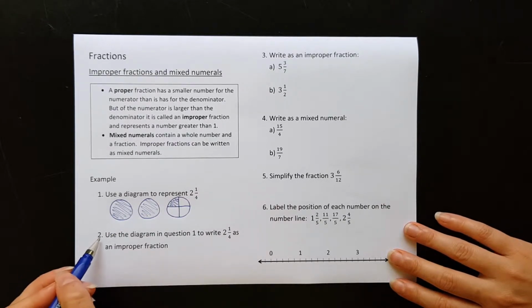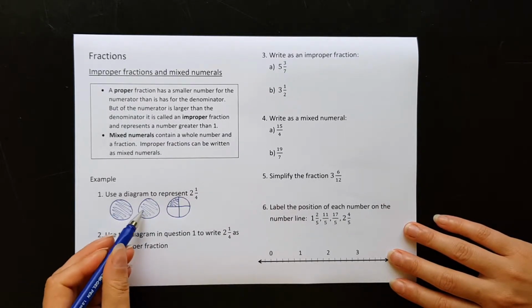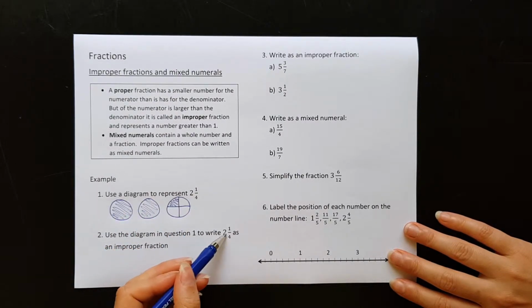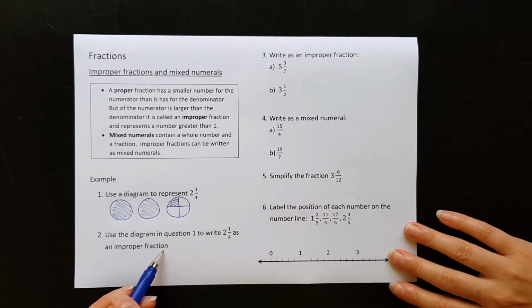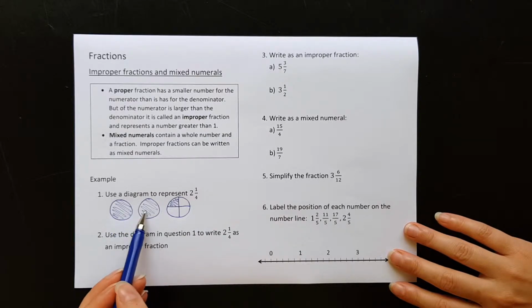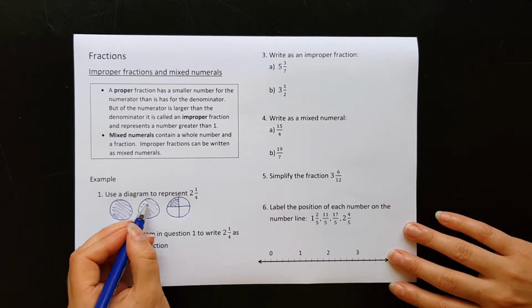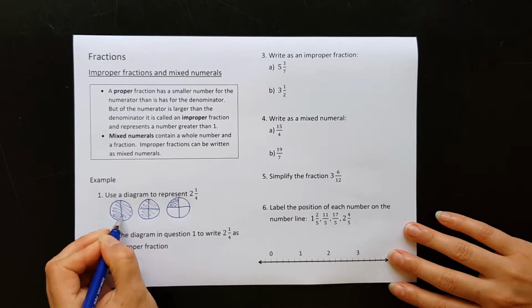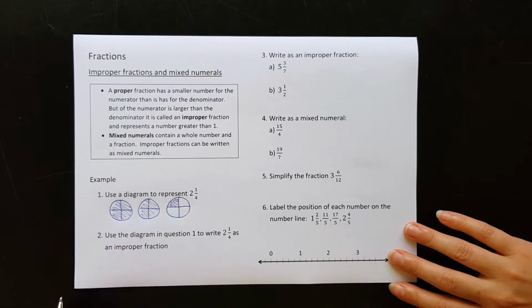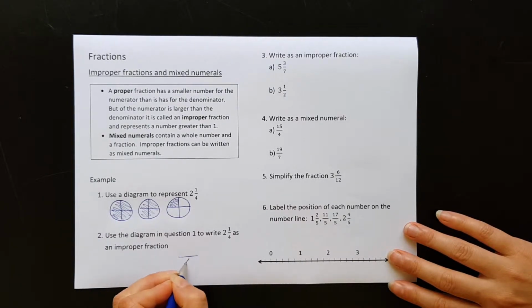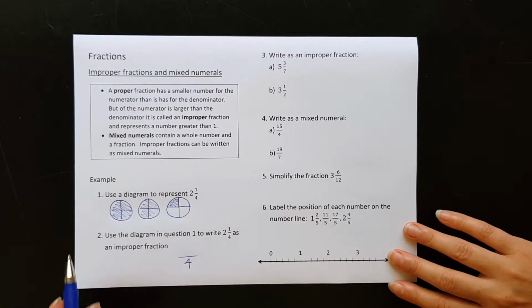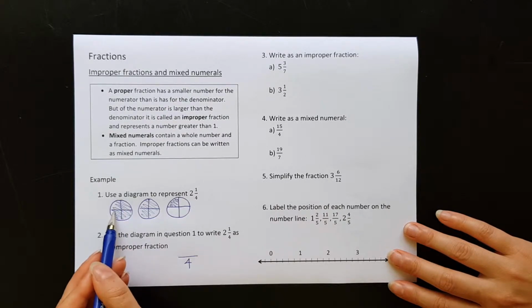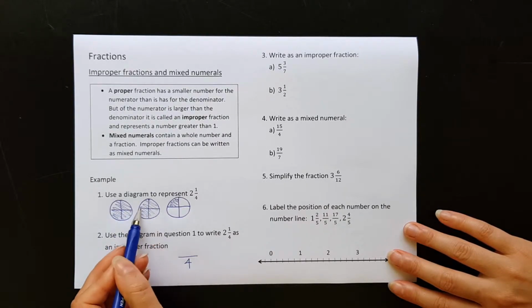Now, thinking of this diagram in question 1, we can write 2 1/4 as an improper fraction. So instead of thinking of these as 2 wholes, we can break them up into quarters as well, like this. And we can just count how many quarters we have. My denominator is going to be a 4, because we're talking about quarters. This whole circle here has 4 in it, and then I have another 4 here, so that makes 8.